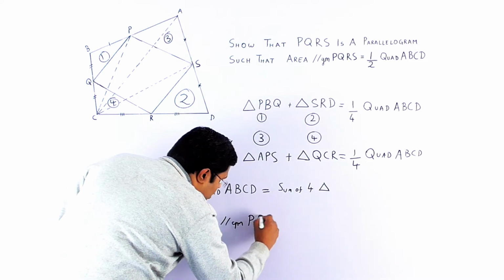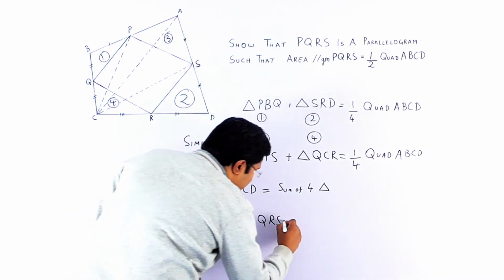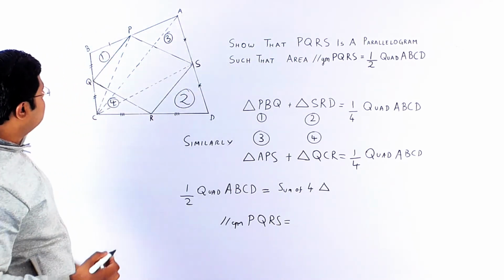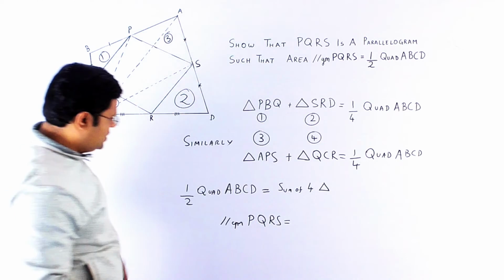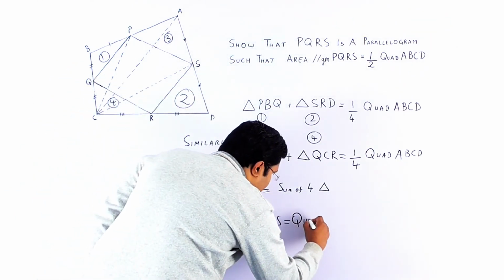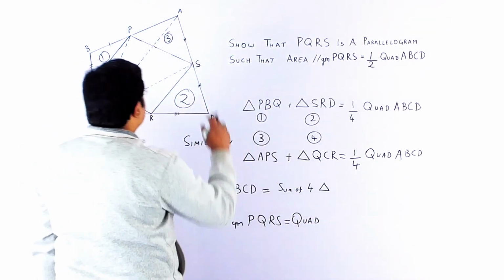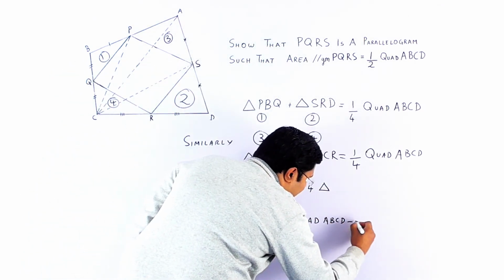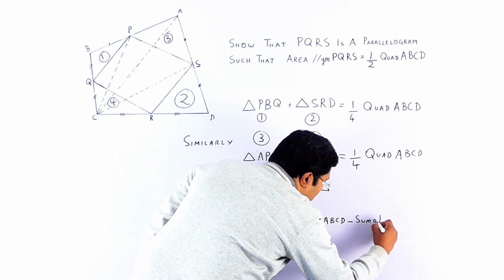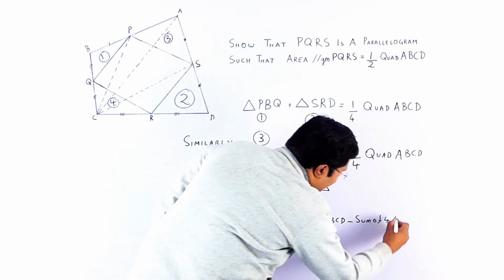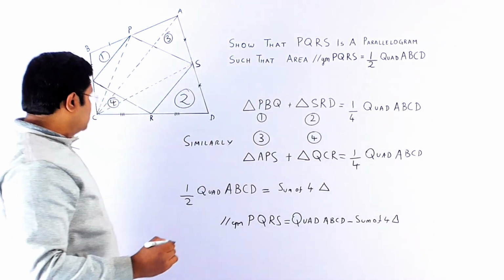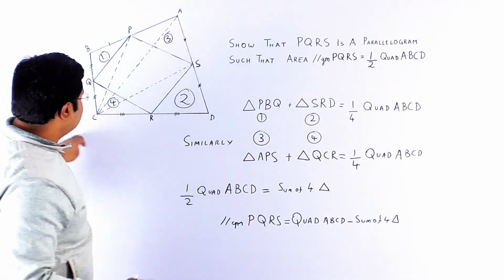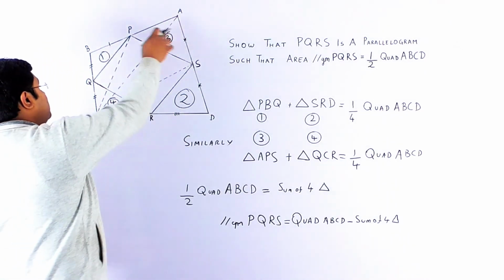Parallelogram PQRS is equal to quadrilateral ABCD minus the sum of 4 triangles.